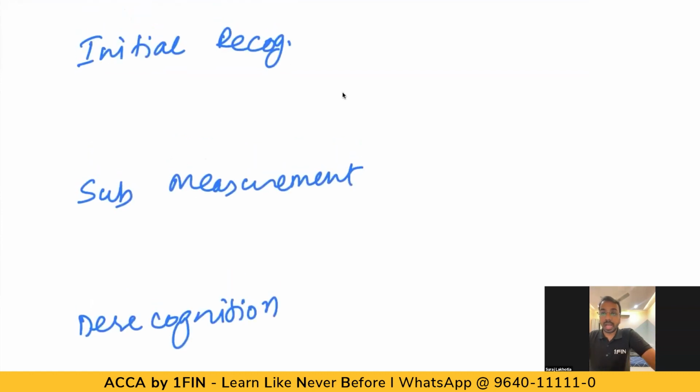Initial recognition means how will you initially recognize an asset in the balance sheet? So, for example, property, plant and equipment. The day you purchase the property, plant and equipment, at what value will you record the entry? So, the answer is both for IAS 16 and IAS 40, you will use cost. All the cost incurred to bring the asset to its current condition and location will be included as a part of your cost of the asset.